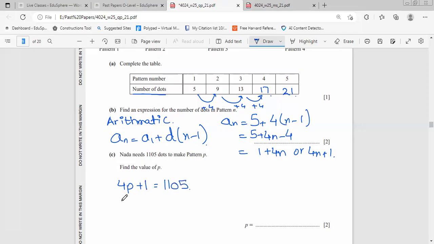Now we take this one to the other side. So 4p is equal to 1105 minus 1, which is 1104. Now we divide: p is equal to 1104 divided by 4. So we get 276. So the value of p is 276.